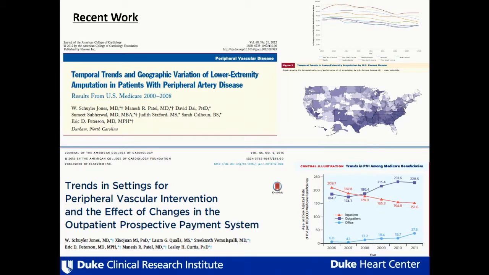When we look at vascular intervention, both before and after, with and without amputation, you can see that the rate of inpatient revascularization is going down. The rate of outpatient and office-based clinic revascularization is going up. All of that is driven by the hope that we can increase access.